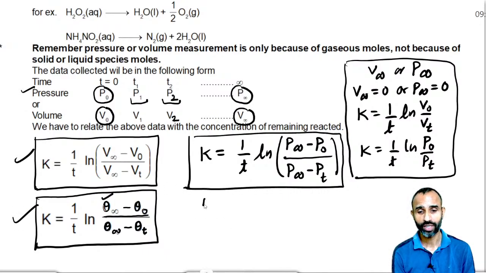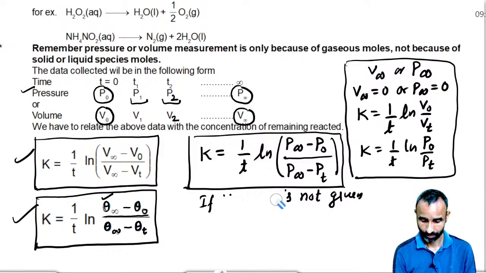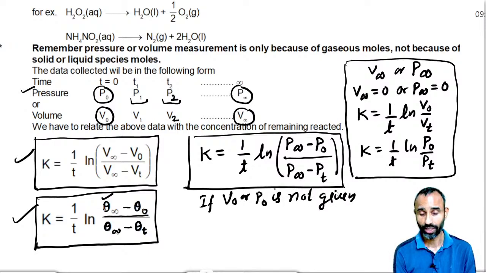Let us say if P infinity is not given, that we have done. If P naught is not given, that means initially it is 0.